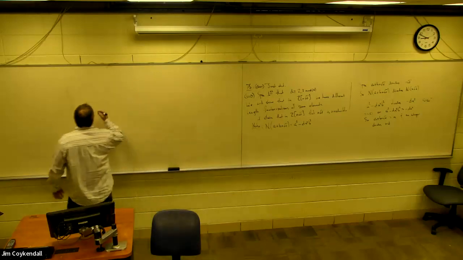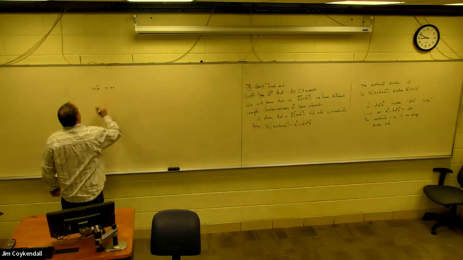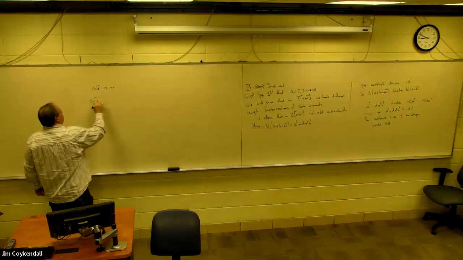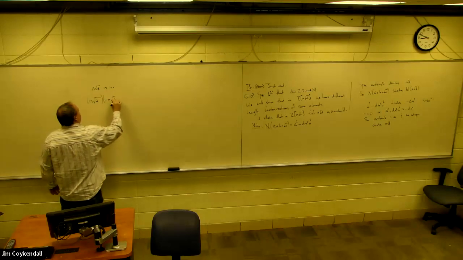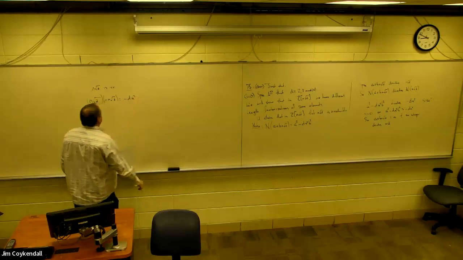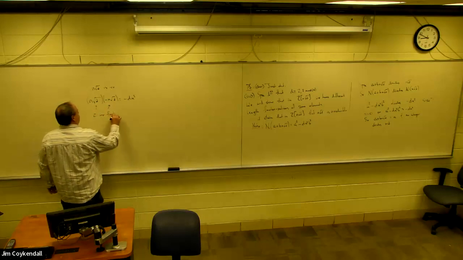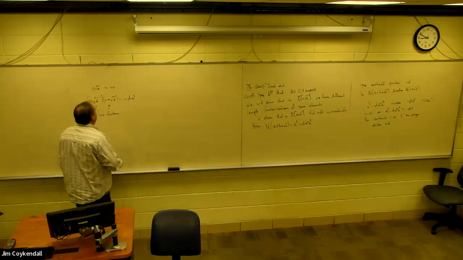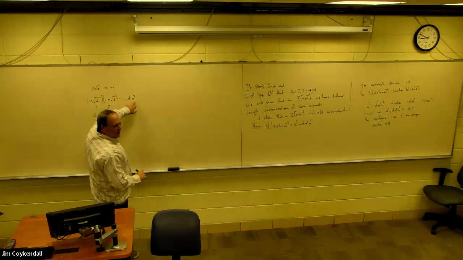Now, check this out. If you look at n radical D times minus n radical D, you get minus D n squared. Here you have two factors. And here, first of all, n is bigger than 1.